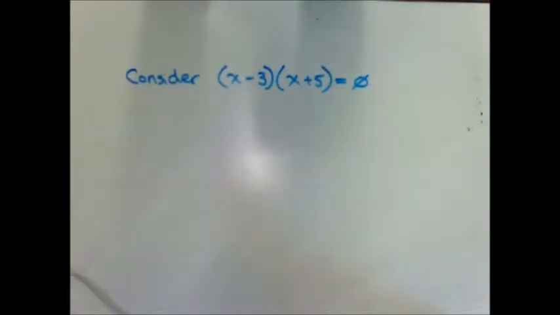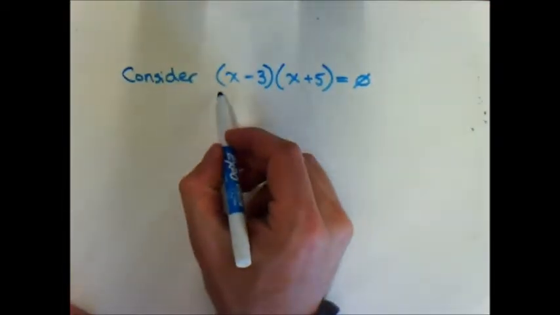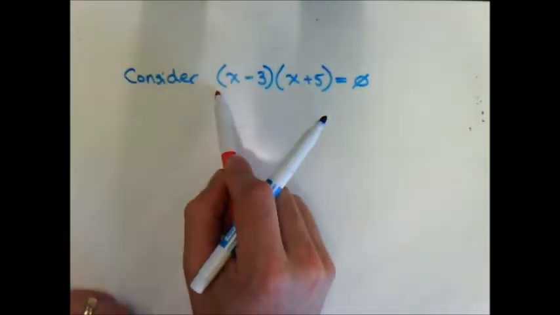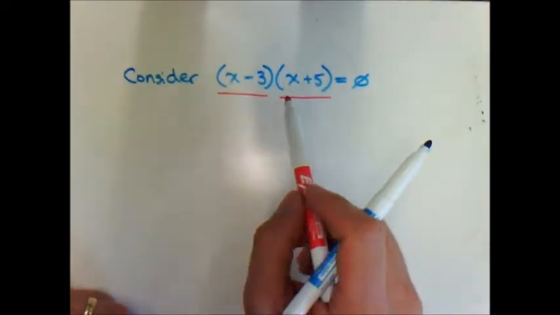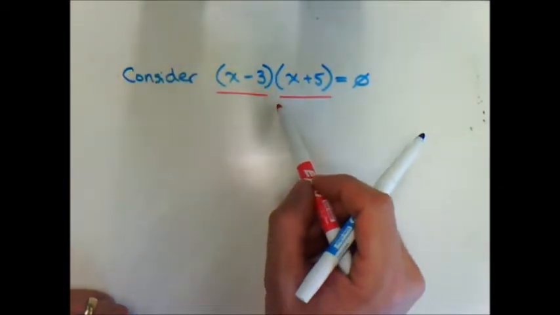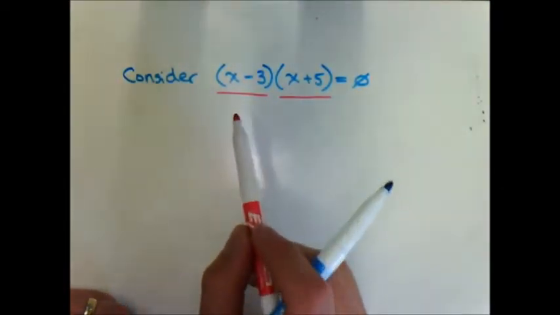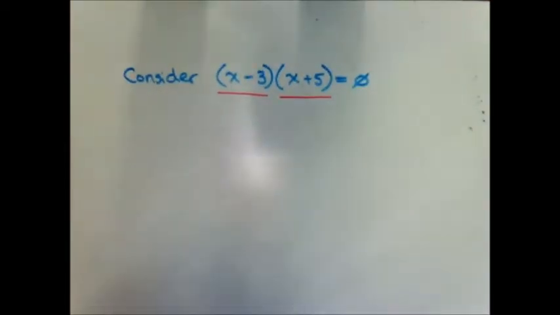So if we consider the factored form of this polynomial, it's x minus 3 times x plus 5 equals 0. So what we have here is two factors: the factor x minus 3, and the factor x plus 5. And we know if we multiply these two factors together, it has to equal 0. So what has to be true about this equation?